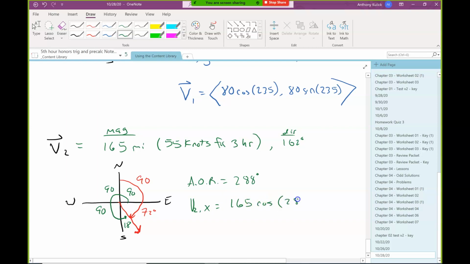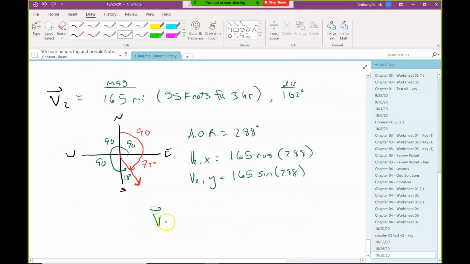So we can say V2 then is the component form this. So far, so good?